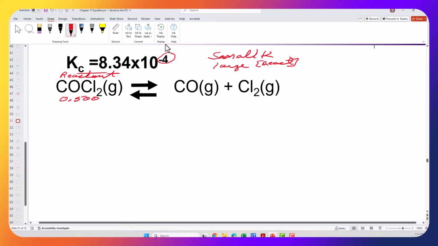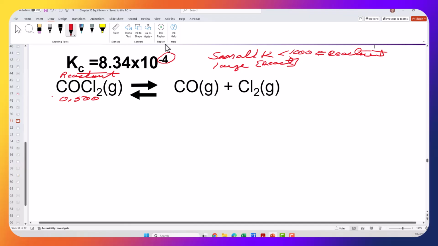When you have a small equilibrium constant, I'll give you a rule: your equilibrium constant is 1,000 times less than your reactant concentration, okay?